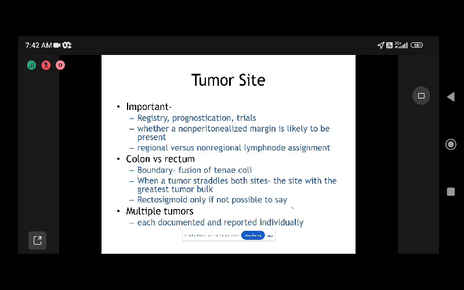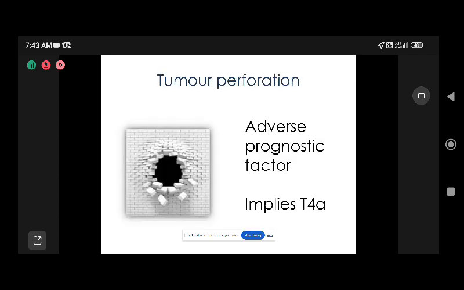The exact tumor epicenter needs to be mentioned, and we also need the relationship of whether this tumor has a non-peritonealized margin or not. We also need the assignment of regional or non-regional lymph nodes, which depends on where the tumor epicenter is. And if there are multiple tumors, that also needs to be documented and reported individually.